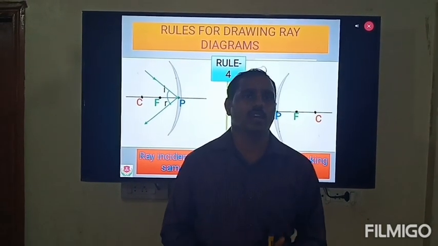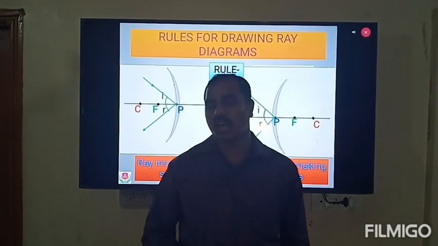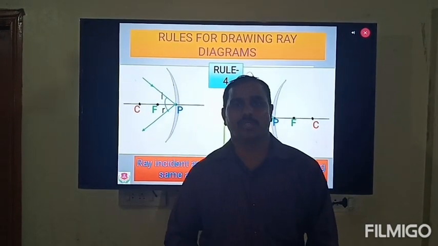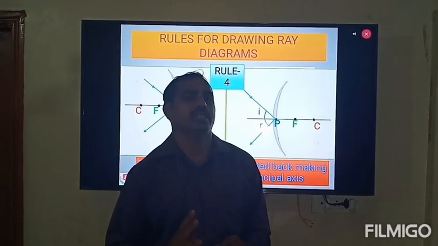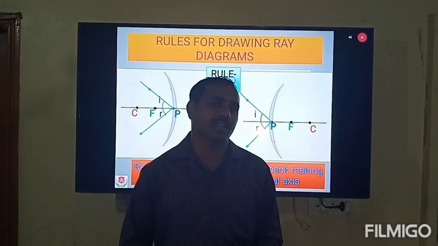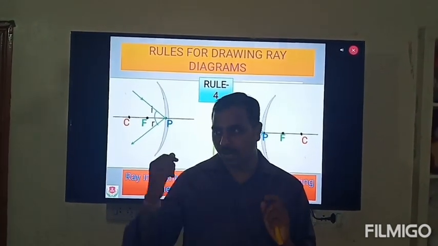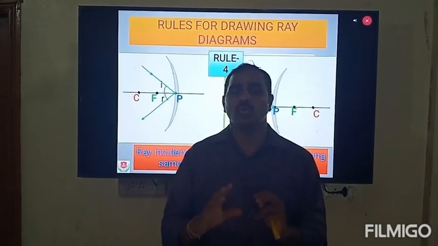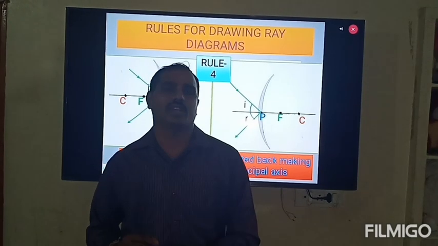Okay, these are the rules to draw the ray diagrams related to concave mirrors and also to convex mirrors. At least we can take two cases. Whenever you draw a ray diagram, we have to take at least 2 rays from all these 4 to make a perfect image. Why?